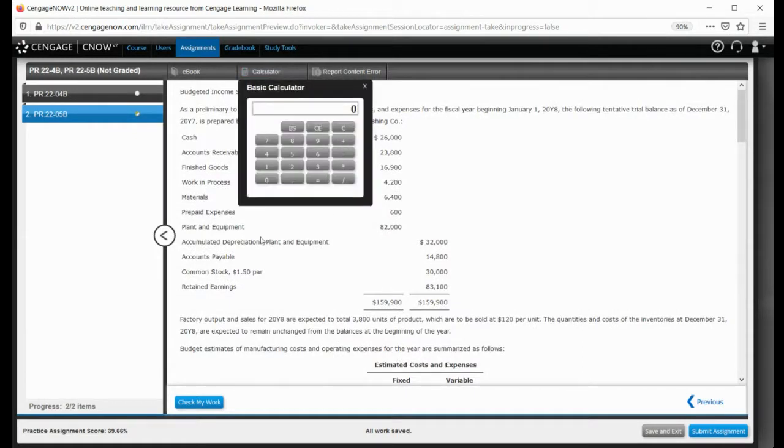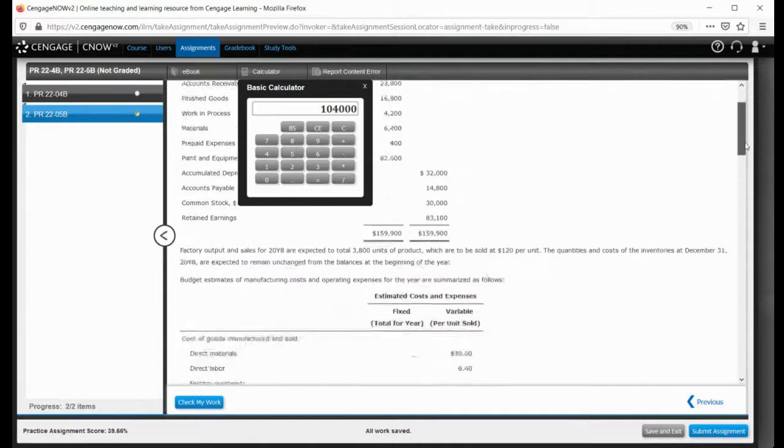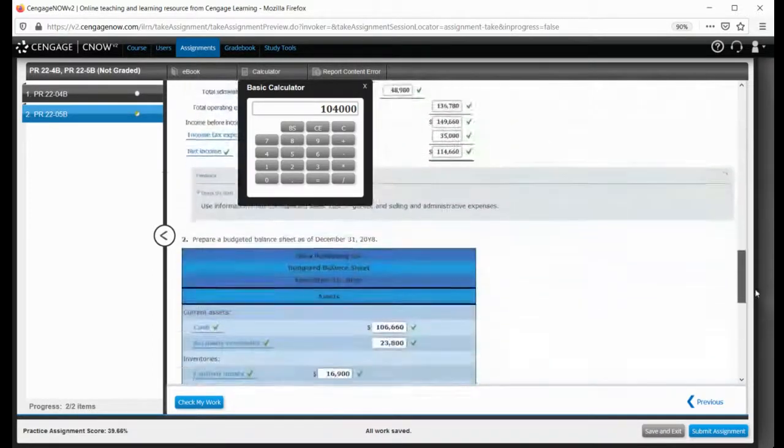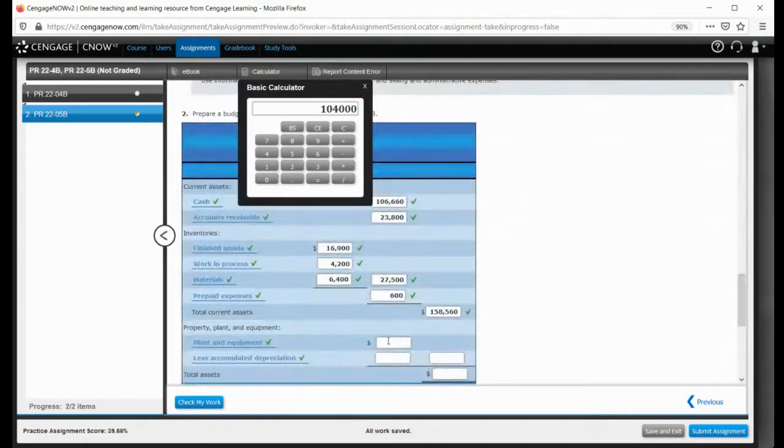So the plant and equipment cost us originally $82,000, but we are expecting to buy $22,000 more of our equipment, which will give us a total of the plant and equipment at $104,000. So they made you read the additional information to see how much was purchased during this year.